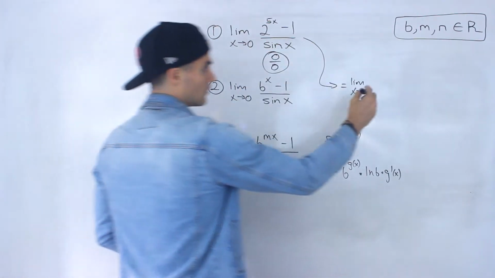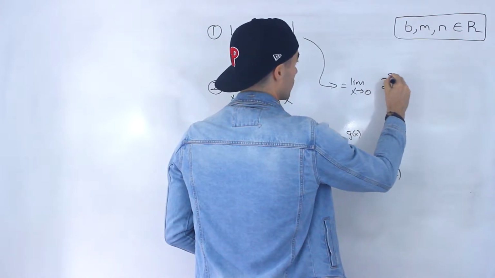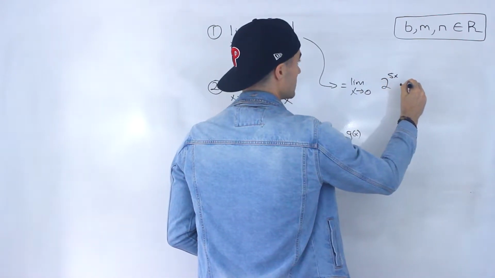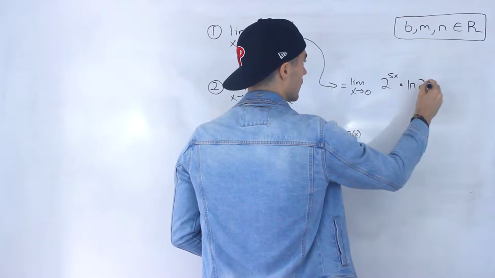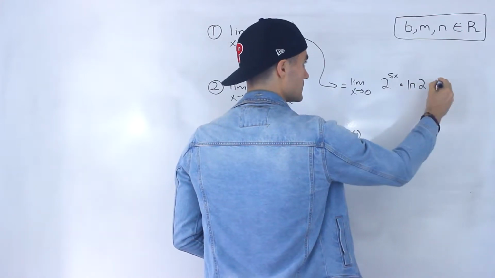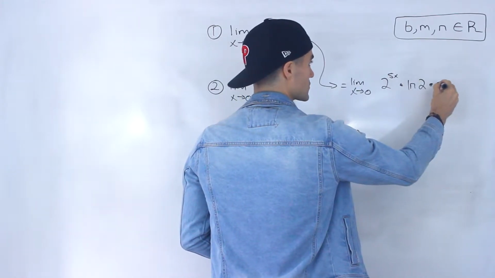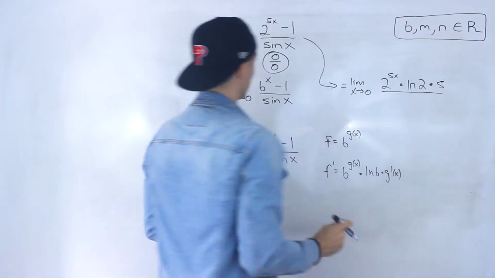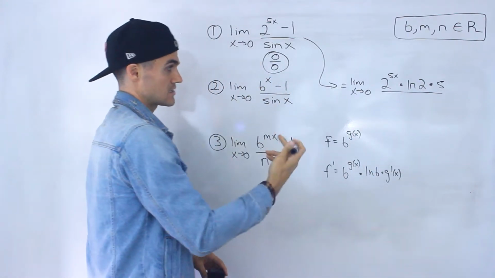Applying this here, the derivative is 2 to the power of 5x times ln of 2, ln of the base, times the derivative of 5x, which is 5, over the derivative of sine x, which is just cos x.